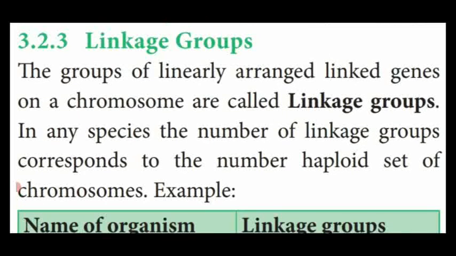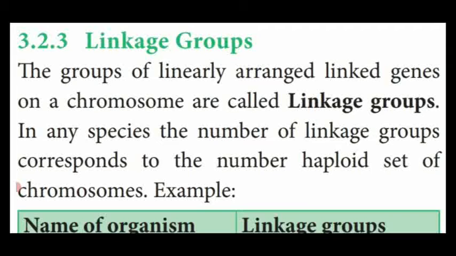What is a linkage group? The group of linearly arranged linked genes on a chromosome is known as a linkage group. Simply, linked genes arranged in groups on a chromosome in a linear manner are called a linkage group.